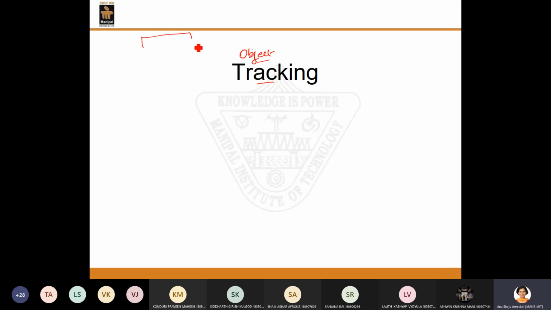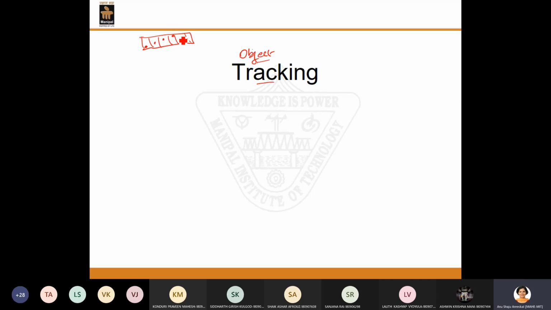You have a set of frames, I'm just trying to depict a video sequence here, and if you look at each of the frames of this video sequence, let's say you have an object which is moving. So let's say you have an object here and it moves a little bit upwards. In the next frame it keeps moving up and so on.